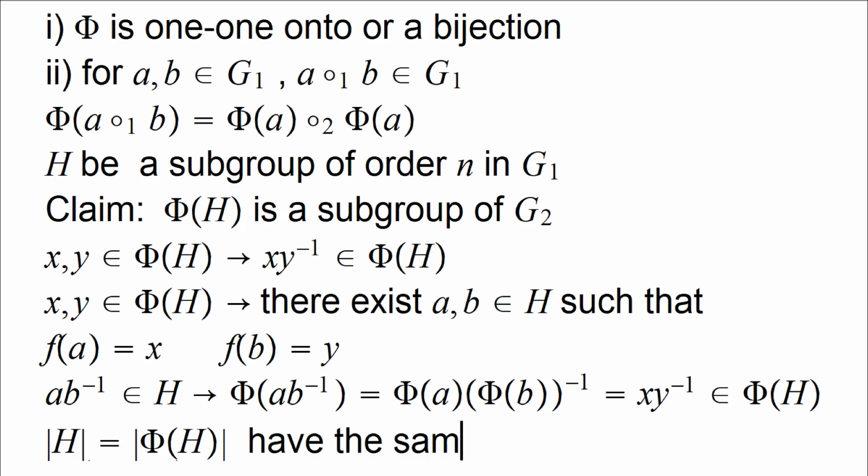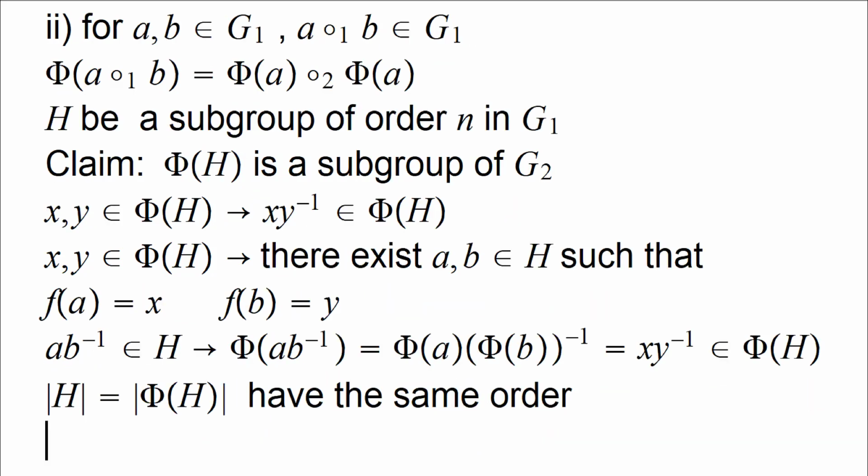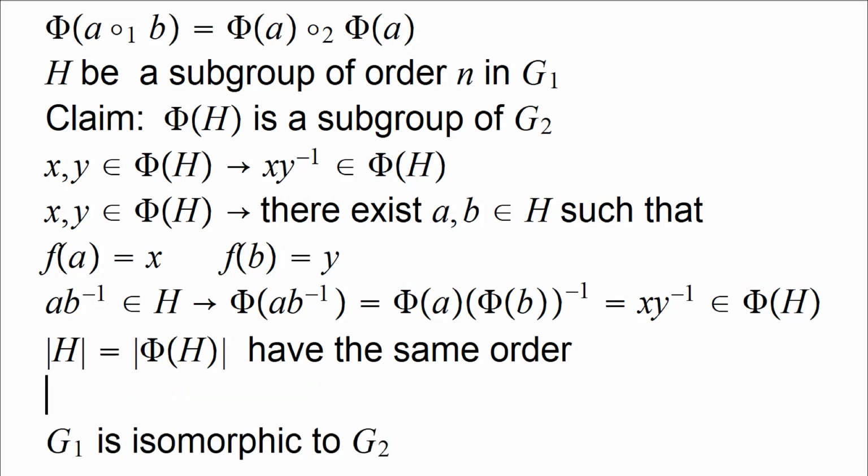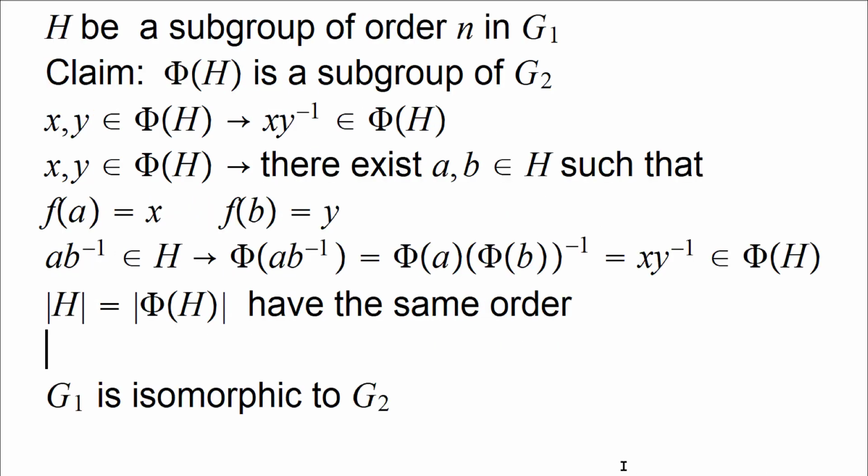What that means is that if H has order n, then phi H also has order n. Now what we see is that if G1 is isomorphic to G2, then many properties of the elements, the subsets and the subgroup structures are preserved.